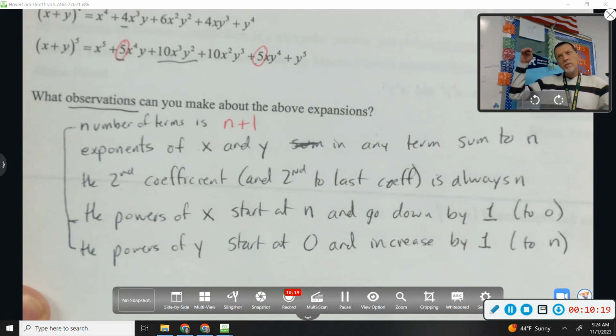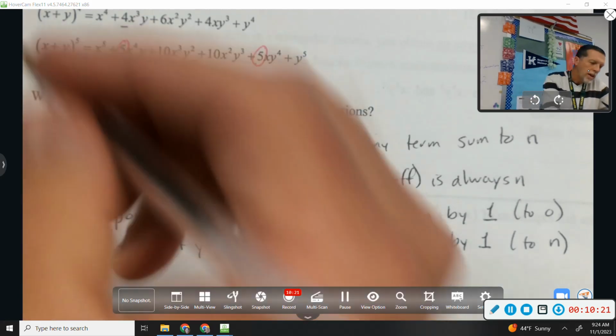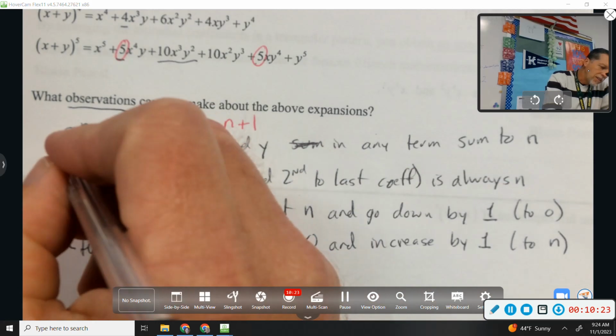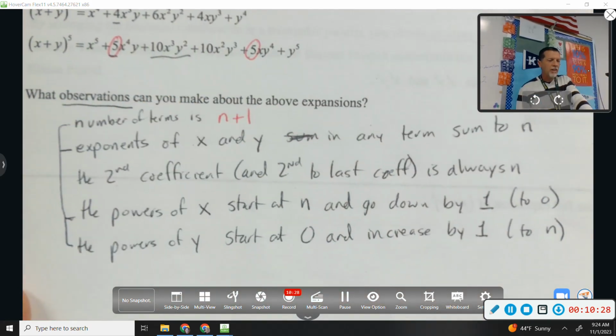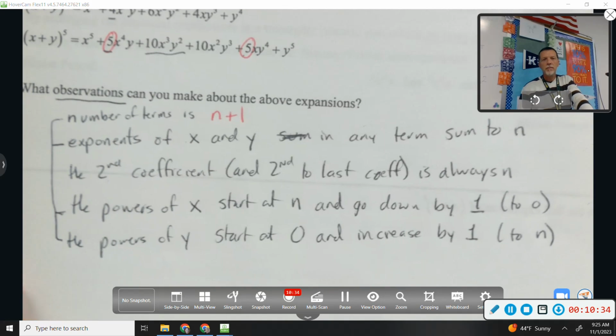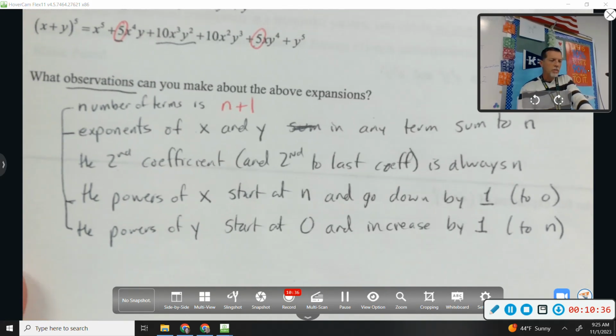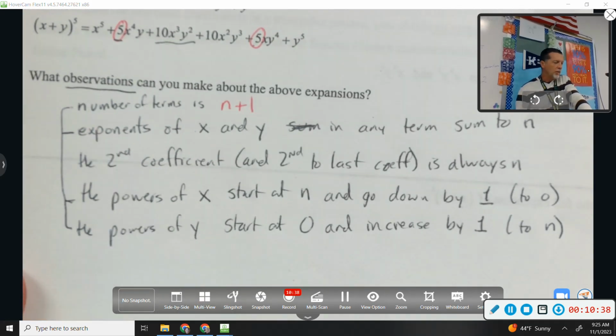And because one of them is going down and the other one's going up, it's related to the idea that their sum is always n. One's going down, one's going up, so their sum stays the same. So those 4 statements are definitely related statements.